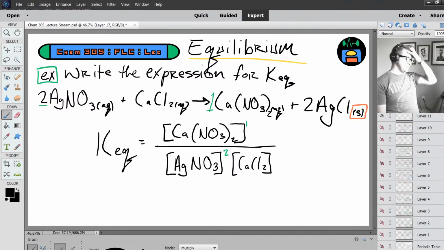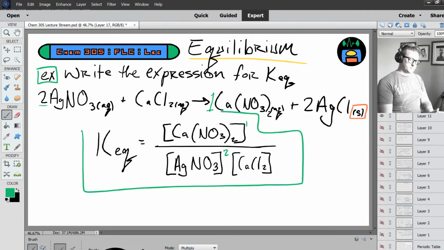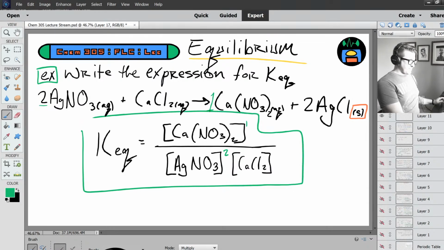All right, so this is the equilibrium constant for this reaction. Solids aren't included, liquids aren't included, only aqueous compounds and gases. So this is the expression for KEQ.